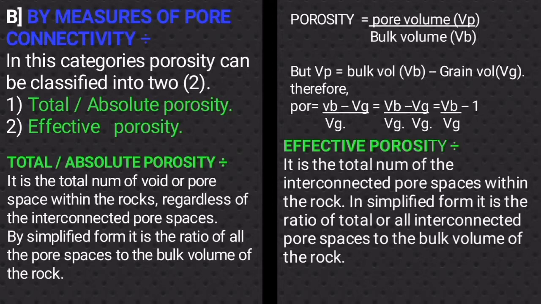Total porosity is the total number of void or pore spaces within that rock, regardless of its interconnected pore space. While effective porosity is that portion of total void space of a porous material that is capable of transmitting a fluid.